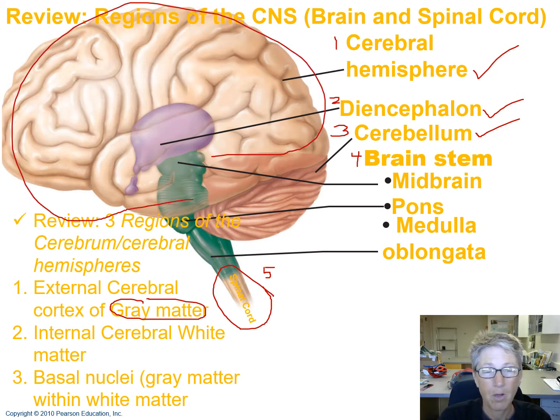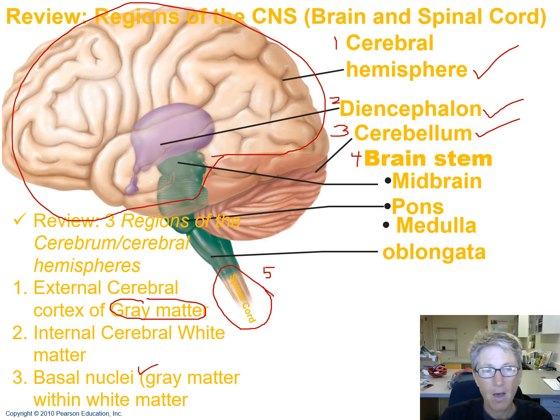Deep to the cortex is the gray matter, and then deep to that is the white matter of the cerebrum. And then, sort of peppered within the white matter, is more gray matter. That gray matter within the white matter is called the basal nuclei.